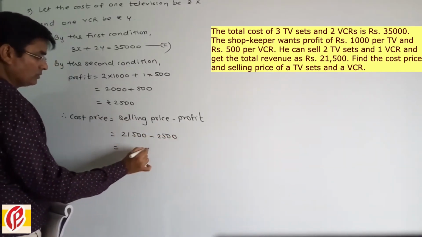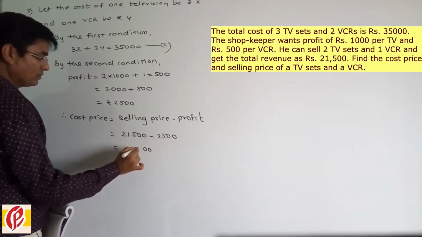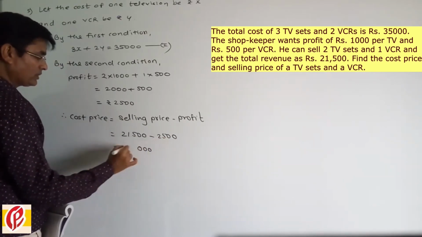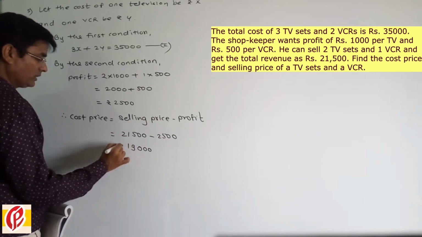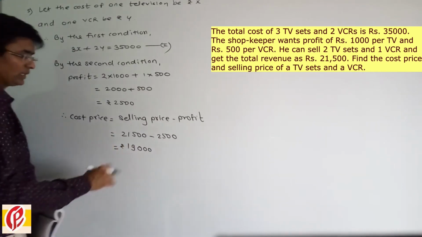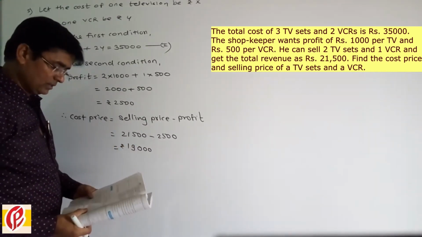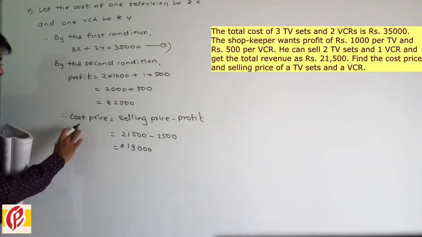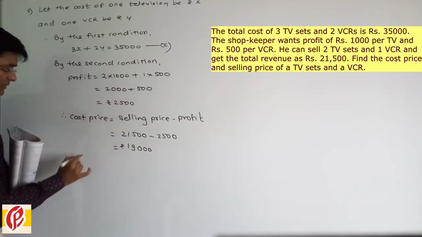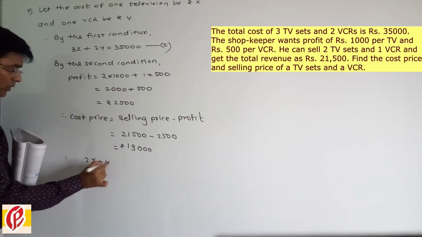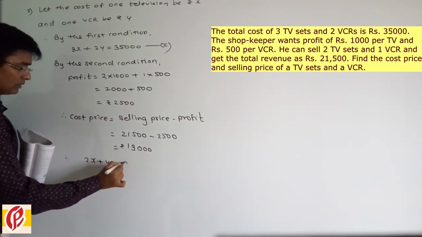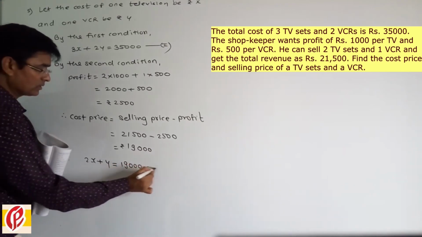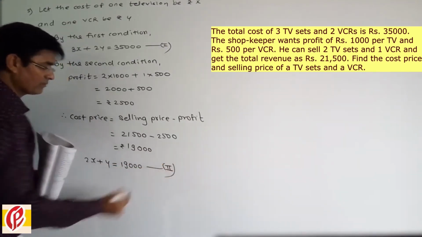So 21 minus 2, 19,000. So he gets the cost price of 2 televisions and 1 VCR is 19,000. So we get the second equation. So this is the cost price of 2 televisions, means 2x plus y is equal to 19,000. So we get the second equation.